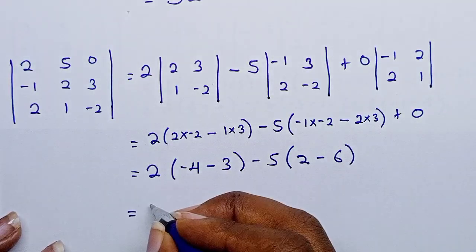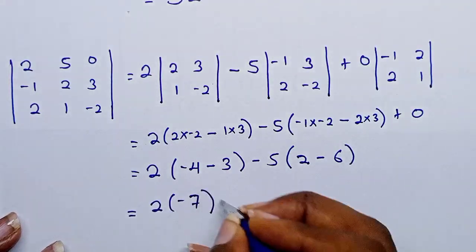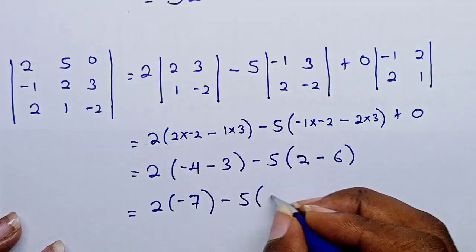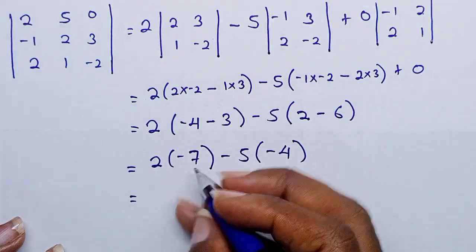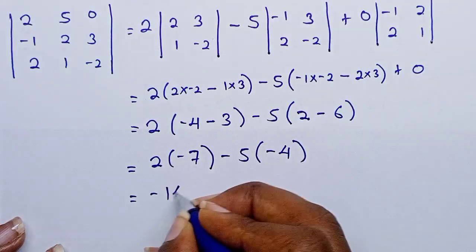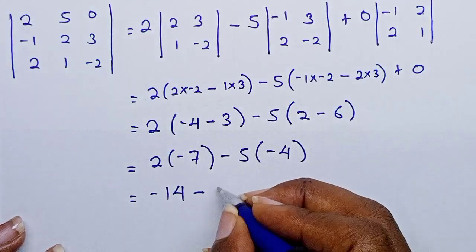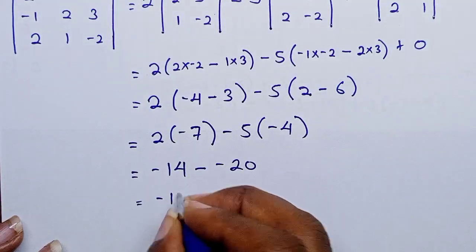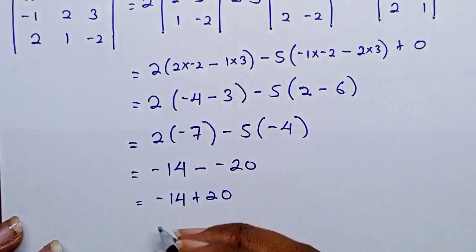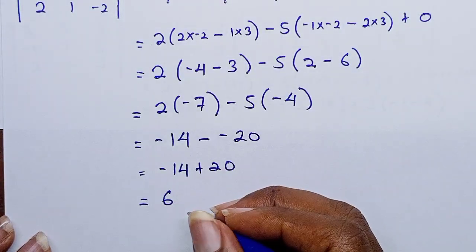Then this would be equal to 2 times negative 7 minus 5 into negative 4. This gives us negative 14 minus 5 times negative 4, which is negative 20, so negative 14 plus 20, leaving us with 6.